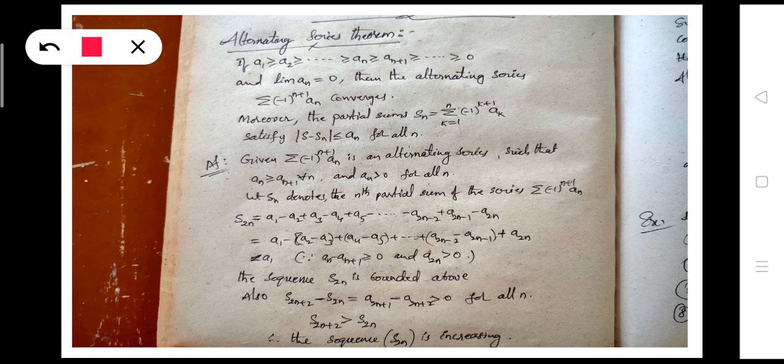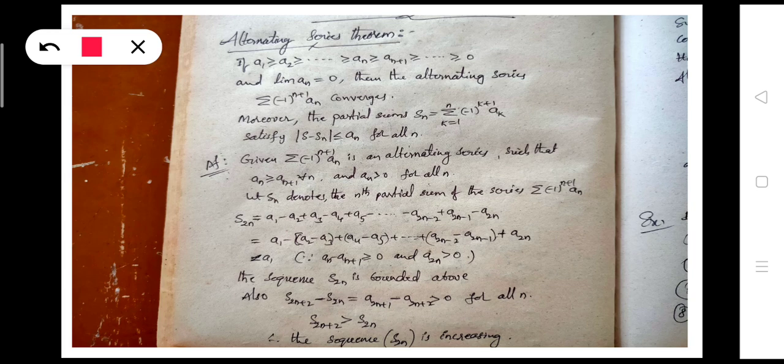Now here minus is common from the second term onwards. So this is equal to a1 minus of a2 minus a3 plus a4 minus a5 plus so on plus a2n minus 2 minus a2n minus 1 plus a2n.